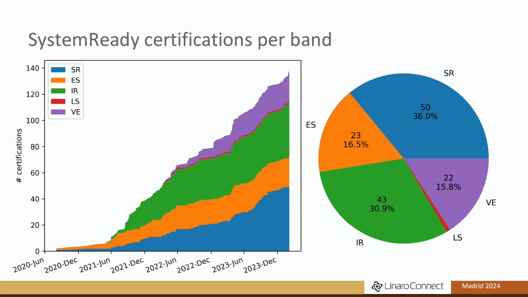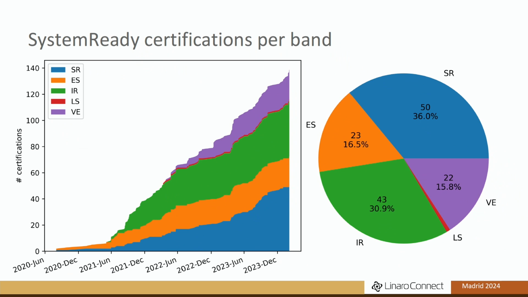So what you see here, on the left, this is a graph of the number of certifications over time for all the SystemReady bands. And on the right, this is actually the chart summarizing the point on the far right of the graph. This is where we were a few weeks ago when submitting the slides, basically.